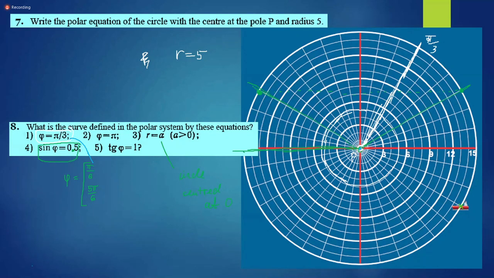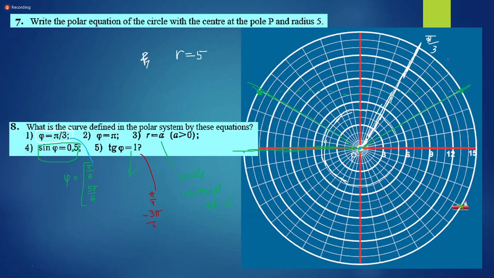But again, the center itself doesn't count because at the origin, where everything is 0, we do not consider any values of angle. And finally, tangent equals 1. When tangent equals 1, so let's take that red. A tangent of 1 means the angle is pi over 4, 45 degrees, but it would also be the angle minus 3 pi over 4, the diametrically opposite angle.